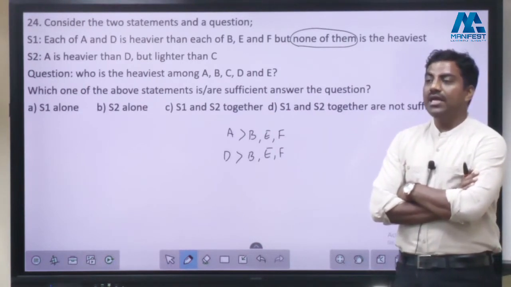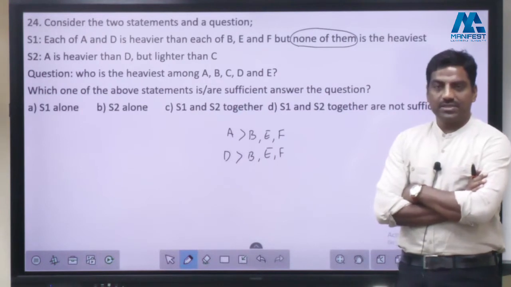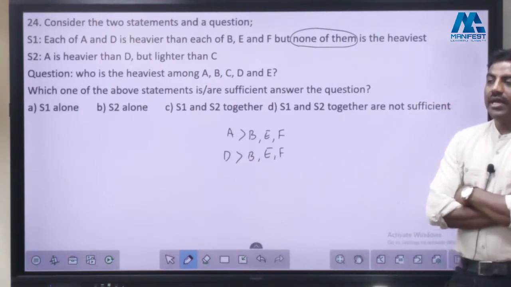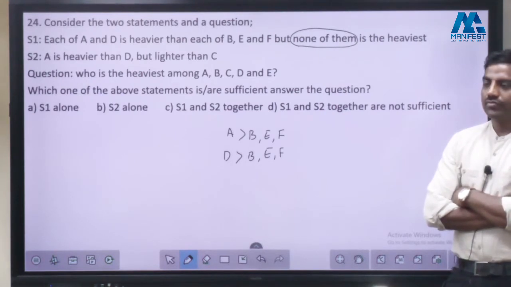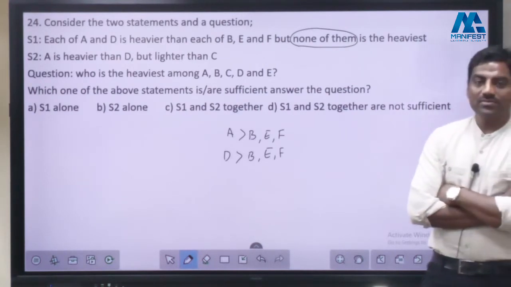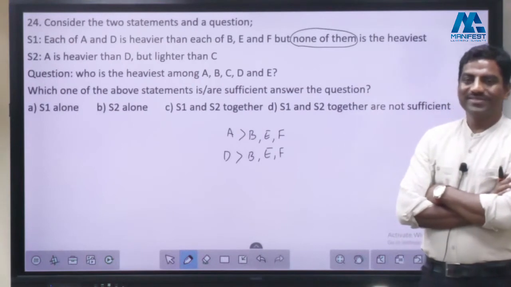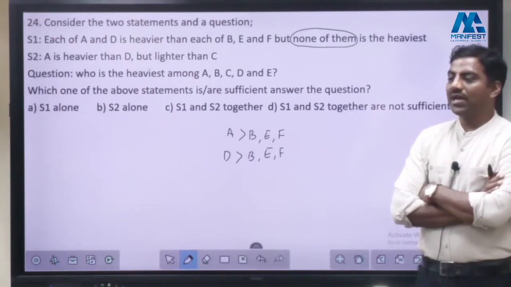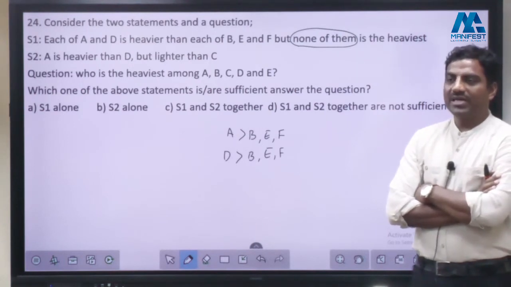So among A, D, B, E, F, who is the heaviest? But they have given A and D are not the heaviest. B and E and F cannot be the heaviest.